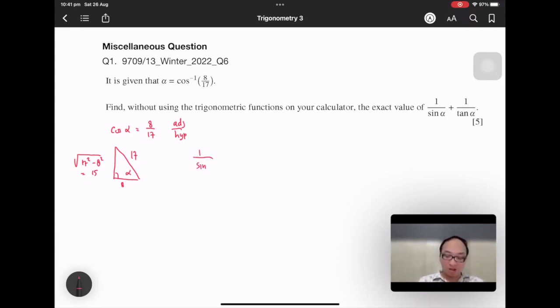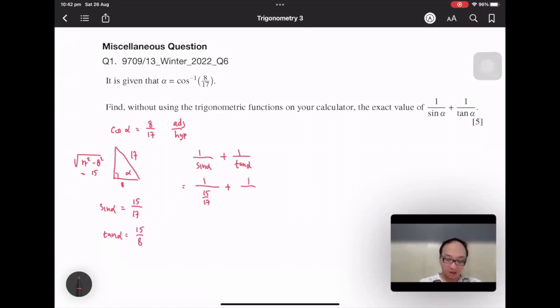1 over sine alpha plus 1 over tangent alpha is equal to 1 over sine alpha, which is opposite over hypotenuse. So the opposite is 15 over hypotenuse 17. So 15 over 17 plus tangent alpha is opposite over adjacent, so 15 over 8.